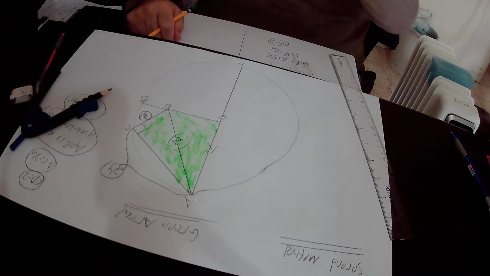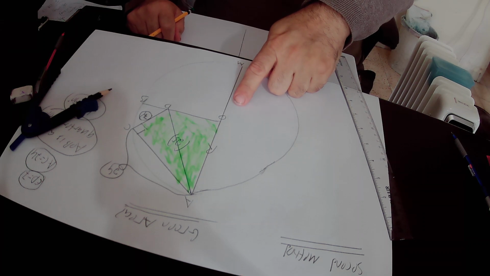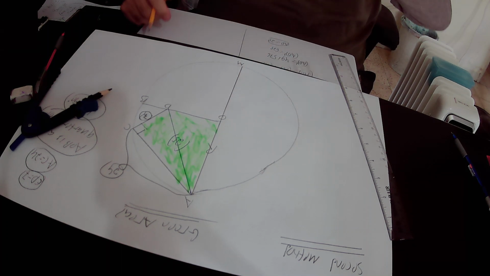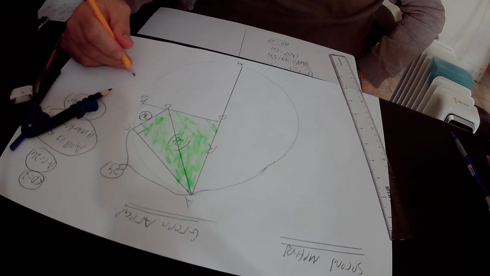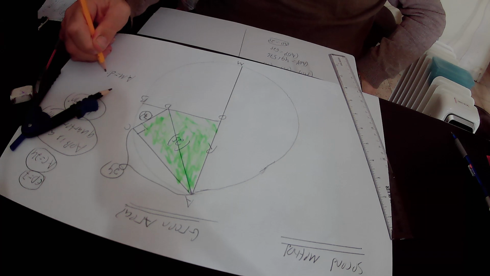AM is a chord that passes through point O, the center of the circle, and any chord that passes through the center of the circle must be a diameter of the circle. That is to say, AM is the diameter of the circle.